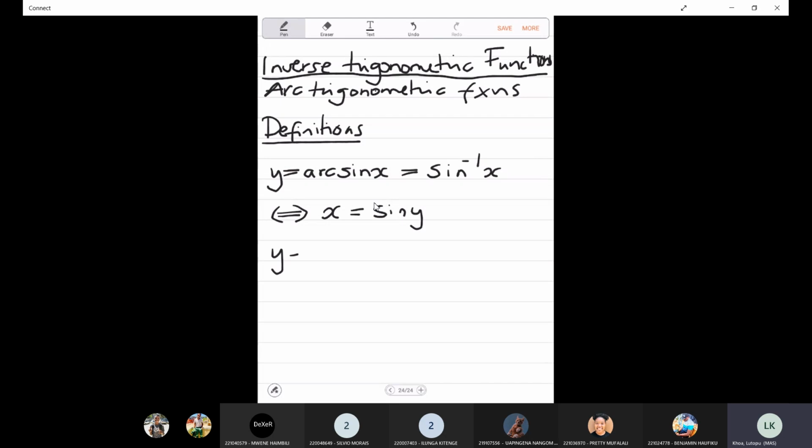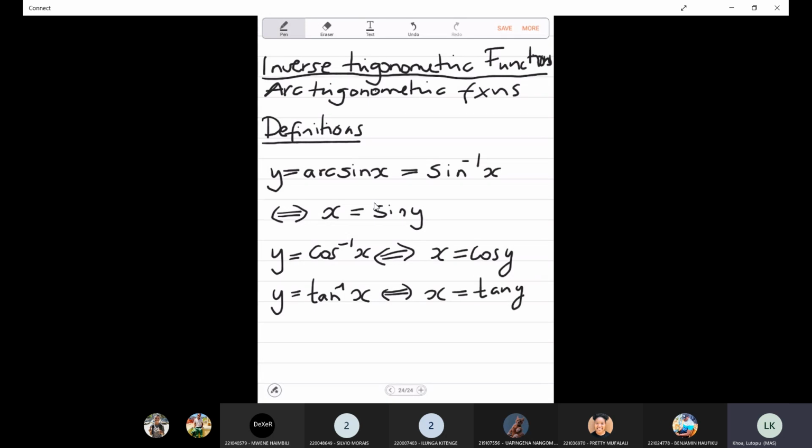Also, if y is equal to cos inverse of x, this means that x is equal to cos of y. If y is equal to tan inverse of x, this means that x is equal to tan of y.